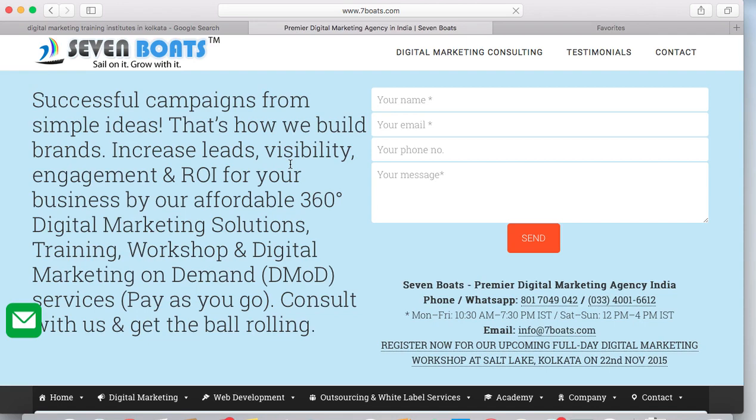So we should focus this keyword, digital marketing agency or digital marketing company in India, and along with similar other 2 or 3 keywords like internet marketing agency in India or online marketing company in Kolkata. So these are related, so we can optimize this home page with mostly 1 to 3 keywords.